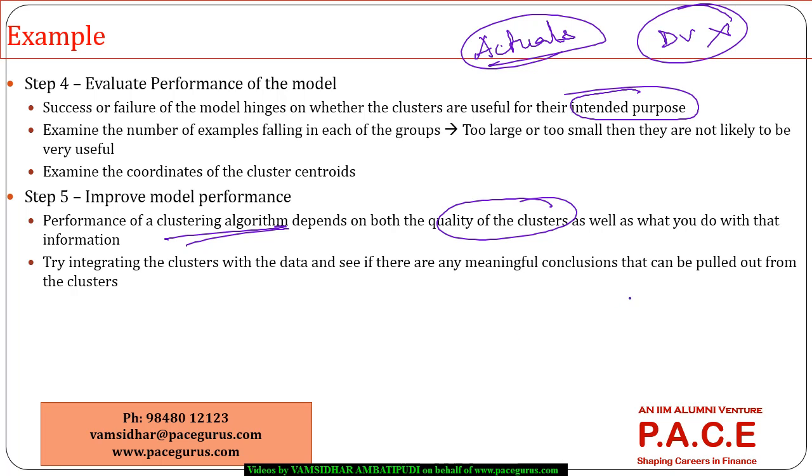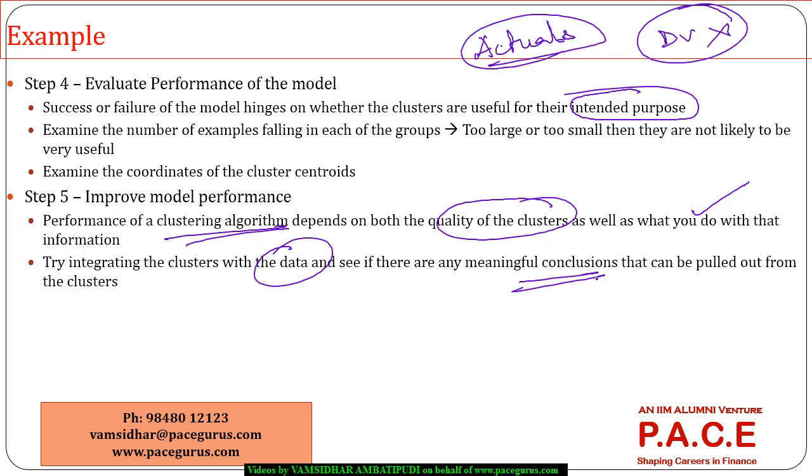Along with that, I am also seeing for what purpose I want to use those clusters. You can integrate the cluster with the data. That is what I have done. For that insurance data, I have added the cluster solution, and I am trying to see whether a meaningful distinction can be brought about between the clusters, saying this cluster's people have higher charges, this cluster's people have lower charges.